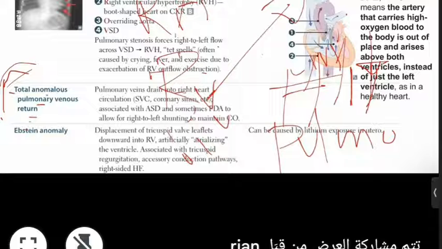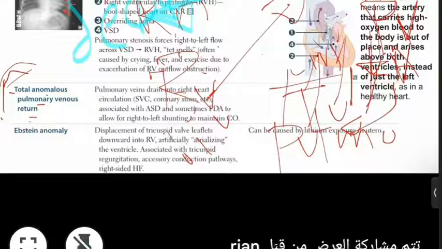And from the lung you will have the pulmonary vein to the left atrium, from the left atrium to the left ventricle, from the left ventricle to the aorta. Now, imagine that this pulmonary vein, which carries oxygenated blood, comes to the right atrium, which also has deoxygenated blood.